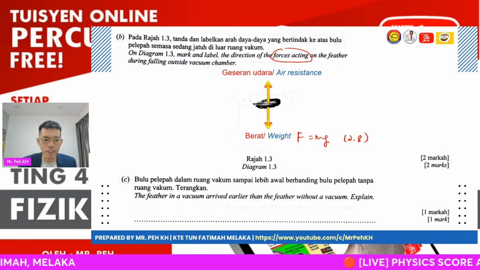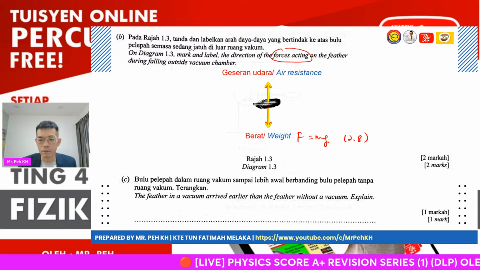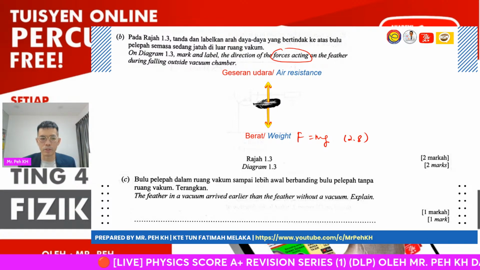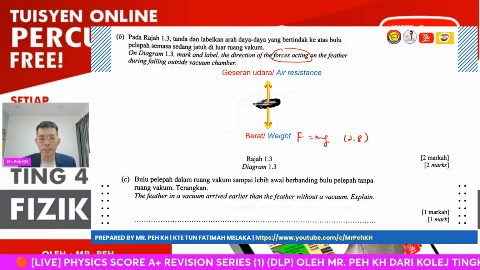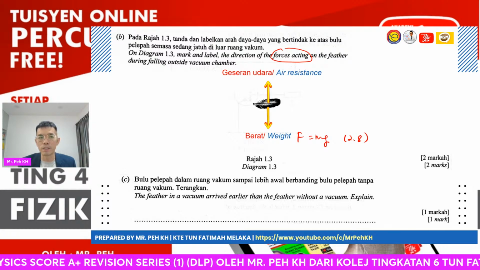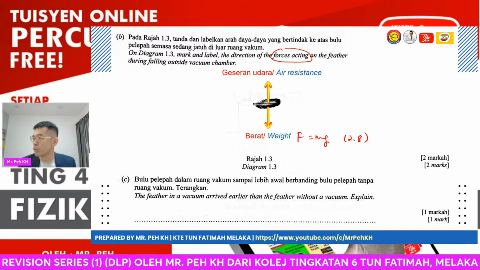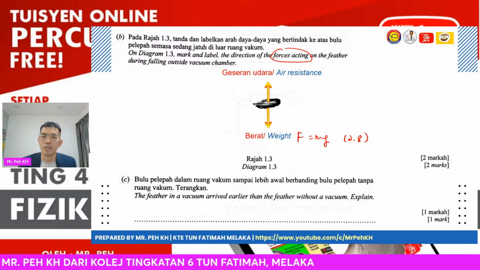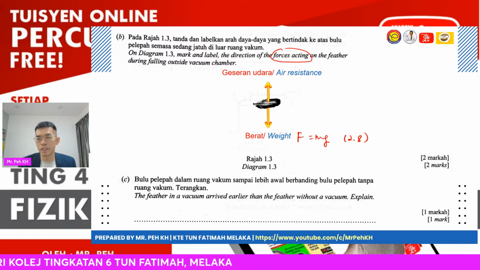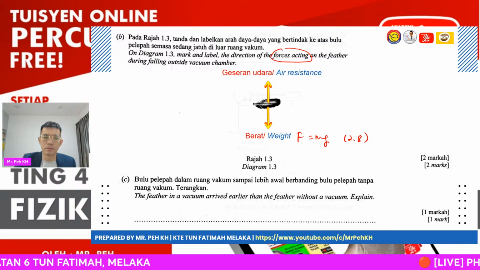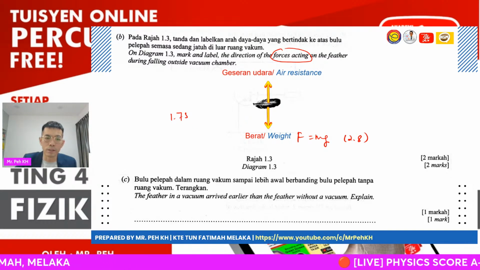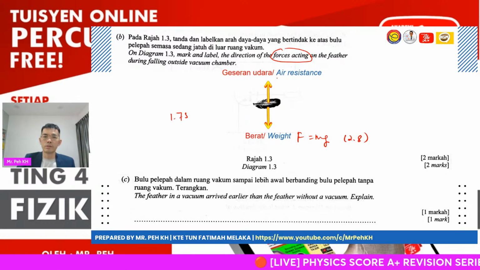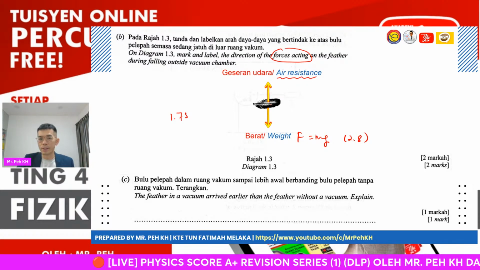Okay, so the feather in a vacuum arrived earlier than the feather without a vacuum, explain. If you look at figure 1.1 and 1.2, in 1.1 the feather dropped in the air, so it took about 1.7 seconds, which is longer. It's actually due to the air resistance acting in the opposite direction to the weight.